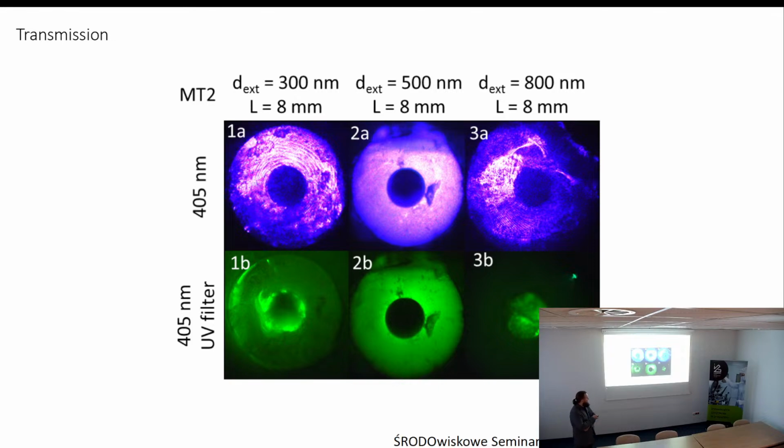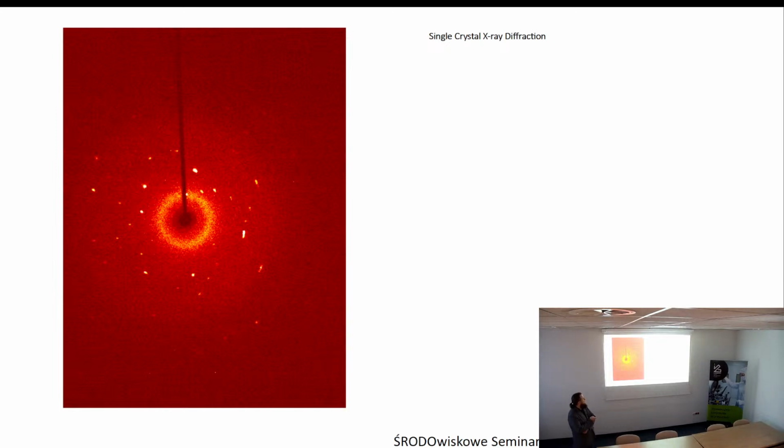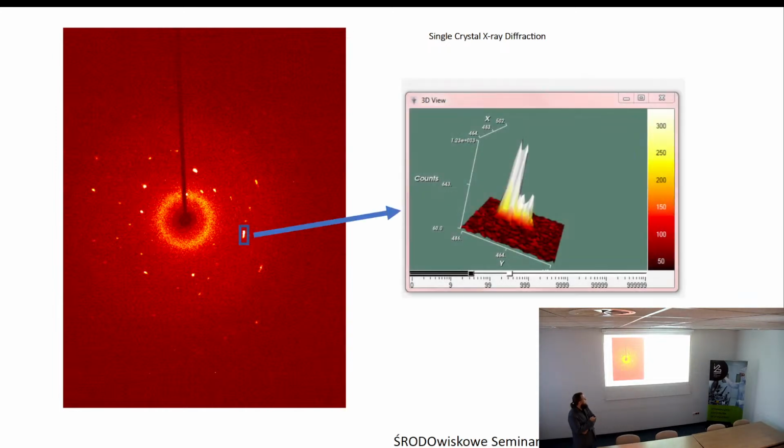We also tried to check what the problem was. We went back to single crystal X-ray diffraction, and we see that there are several signals from the crystals. So we have evidence that it's not a real single crystal, but a few crystals with similar orientation.